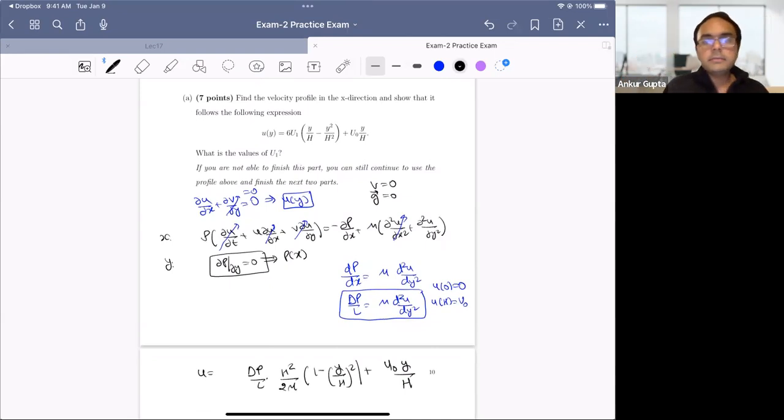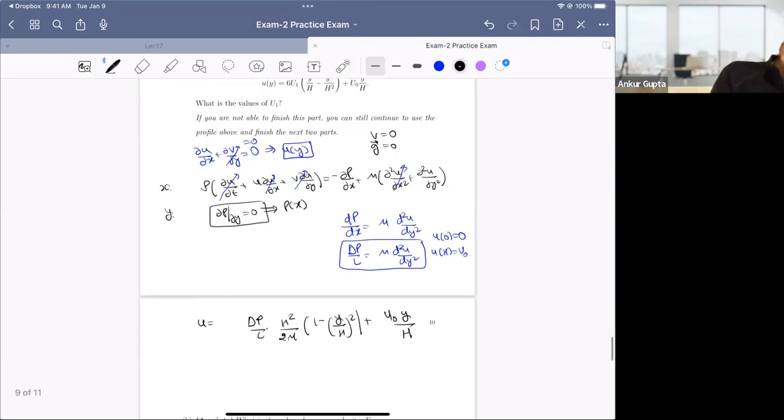It is minus delta p by L, H square by 2 mu, into y by H minus y square by H square, because this is from 0 to H, plus u naught y by H, and this is equal to the velocity profile.